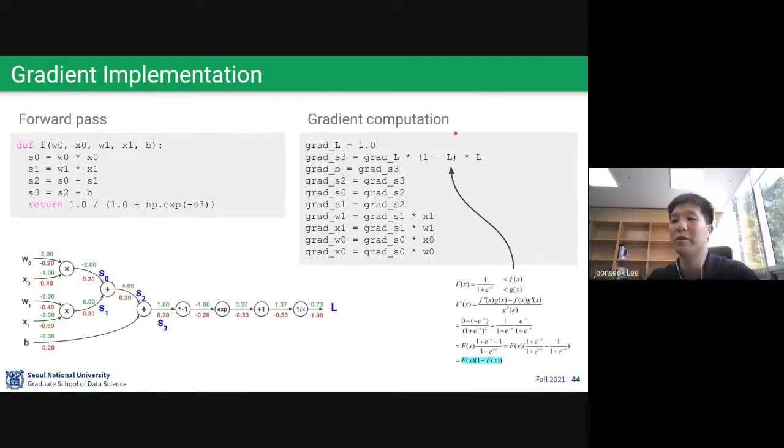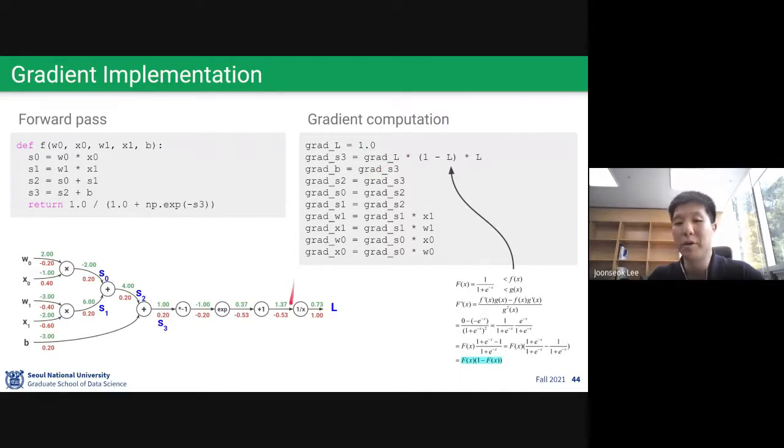Gradient computation is the same. You start from the last gradient with this loss function, which is always 1. And then each of these is computed as what we have done so far. This part, gradient S3, uses this formula. This is the local gradient, and this is the upstream gradient, so they are just multiplied.